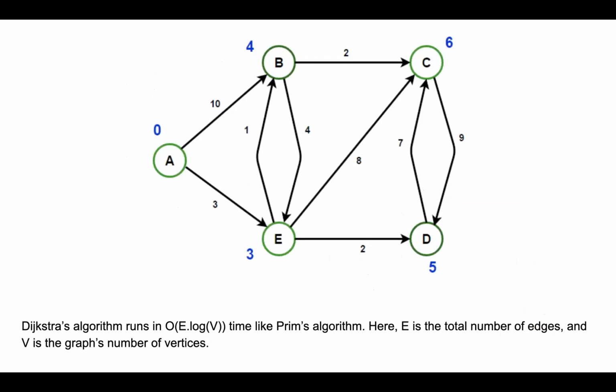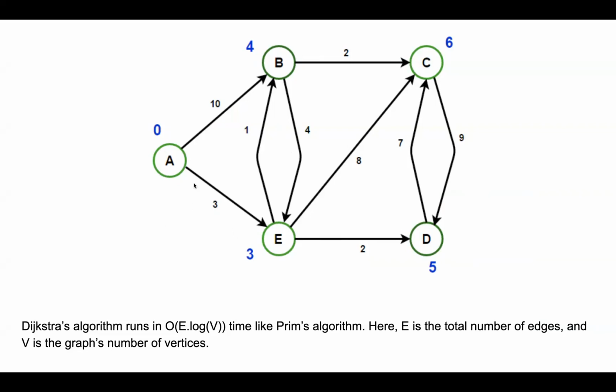Now see here, the solution we concluded is: A is the source vertex, its distance from itself is 0, and from A to E the minimum distance is 3. E, B, C, and D are the destination vertices. The minimum distance from A to E is 3.